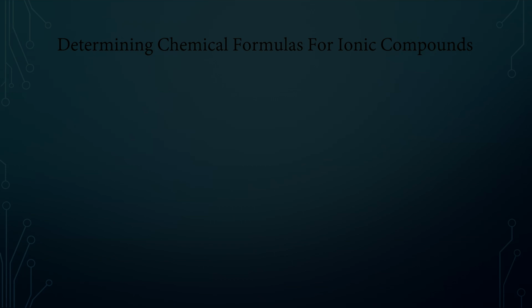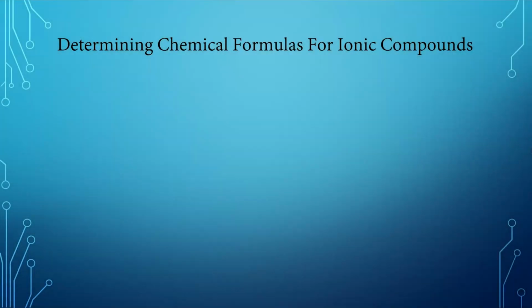Now we definitely don't want to go to all the trouble of drawing complicated diagrams every time we need to figure out the formula for an ionic compound. So let me show you a much simpler stepwise process that you can follow. Suppose we wanted to come up with the formula for the compound magnesium fluoride.